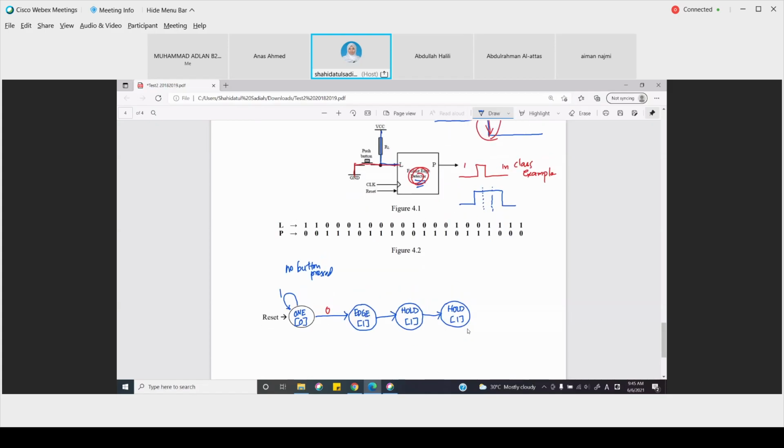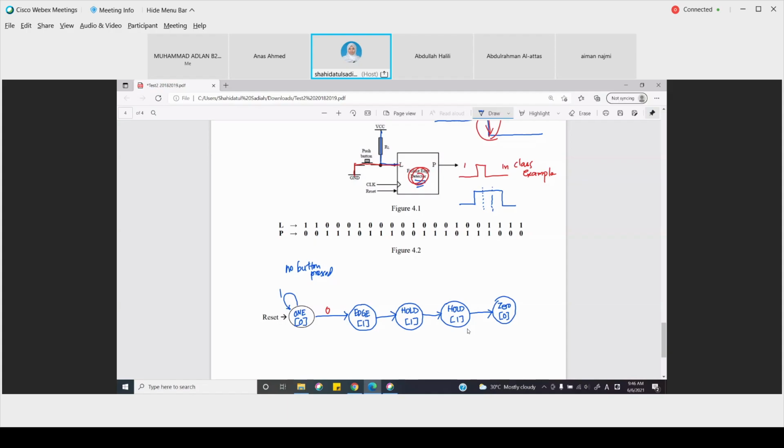And after that, it will go to state 0, where the output will be 0. What is the input here?